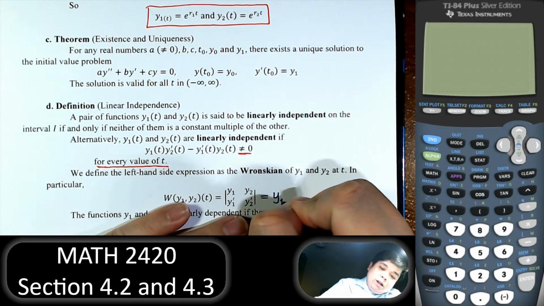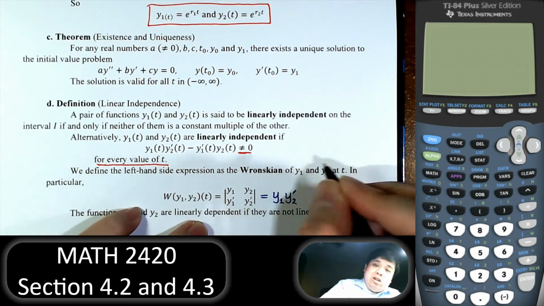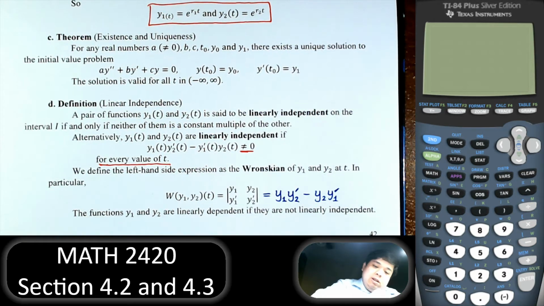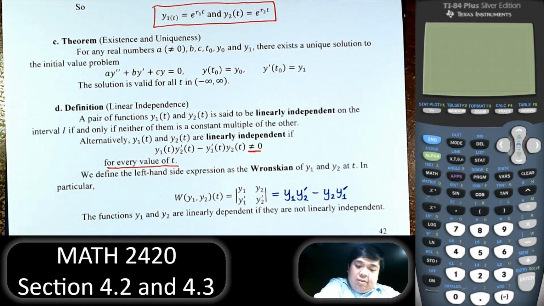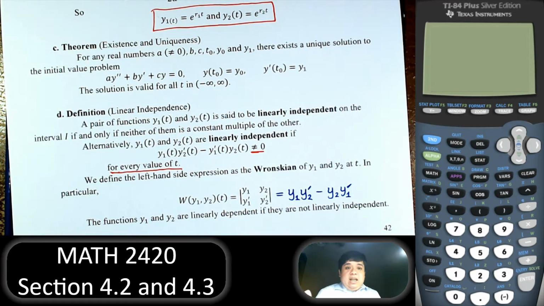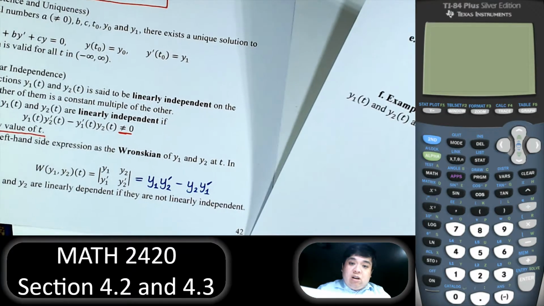It's going to be y1 y2 prime, subtract the other direction, which is exactly that. So if the Wronskian is not equal to 0, they are linearly independent. And the functions are linearly dependent if they are not linearly independent. Independent and dependent complement or are opposite to each other.